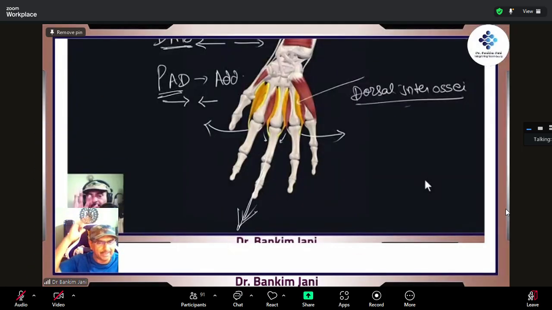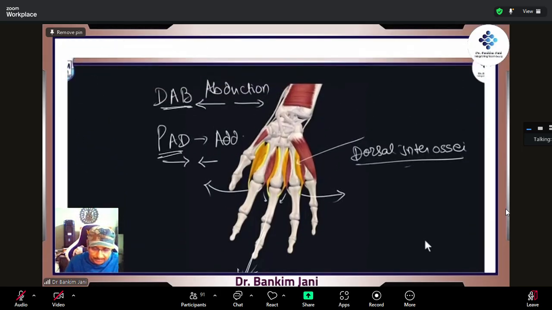Way back, when we started and were discussing all those movements, someone said it was such a small point, but now you know the importance of that small point. Why in the hand this is considered as the central axis for abduction and adduction. This is the reason.